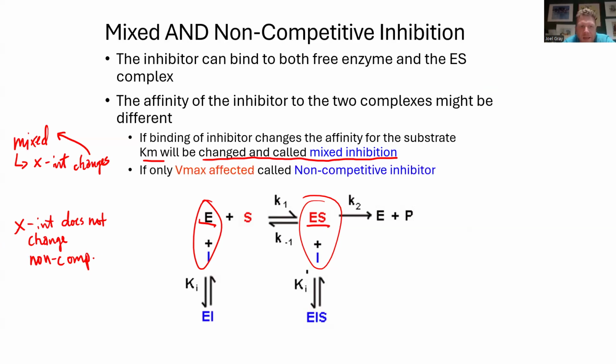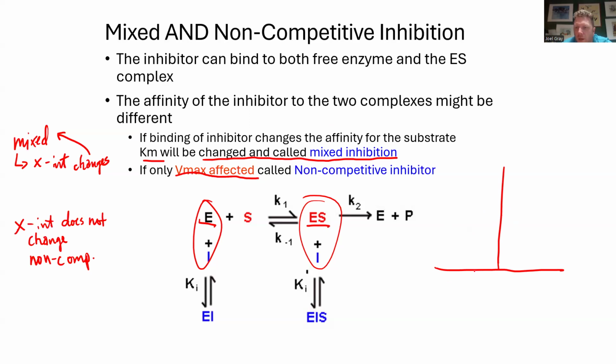So another way of describing that is if only Vmax is affected, it's a non-competitive inhibitor. Now, the graphs for these are kind of tricky because they can appear in a couple of different ways. I'm going to draw a graph for mixed inhibition. In mixed inhibition, your X-intercept is going to change, whereas in non-competitive inhibition, your X-intercept is not going to change.